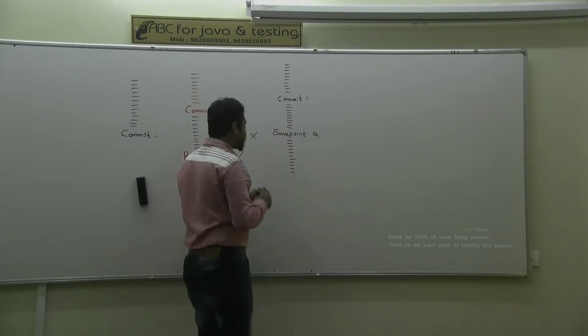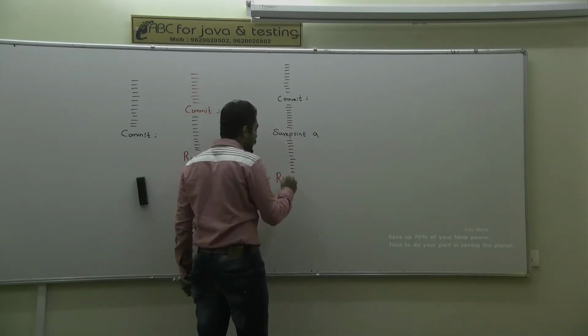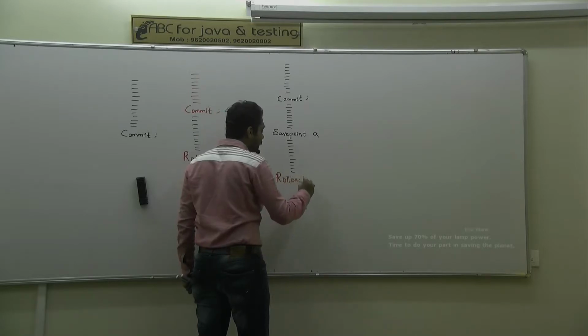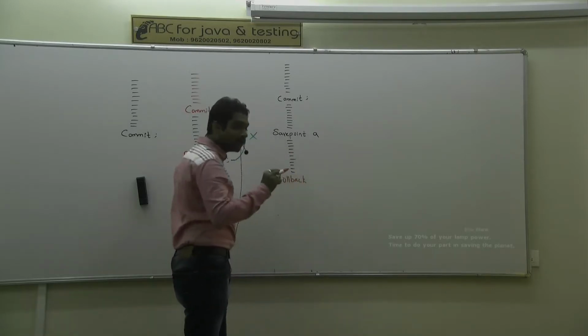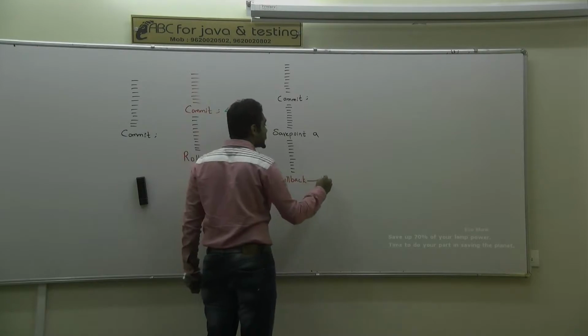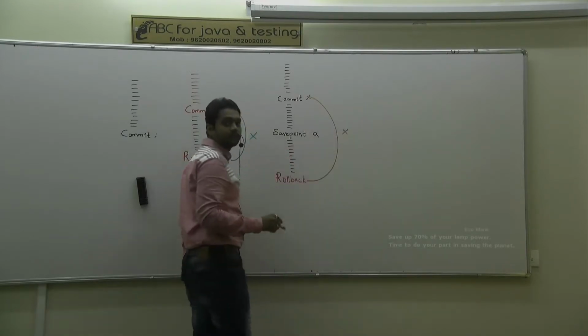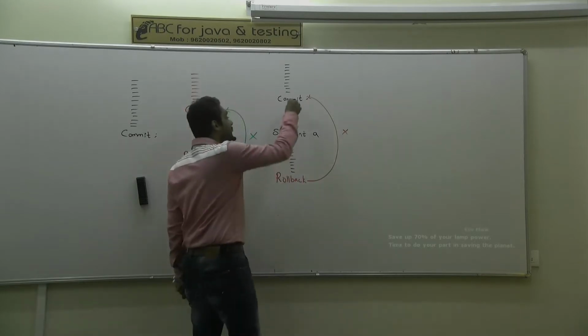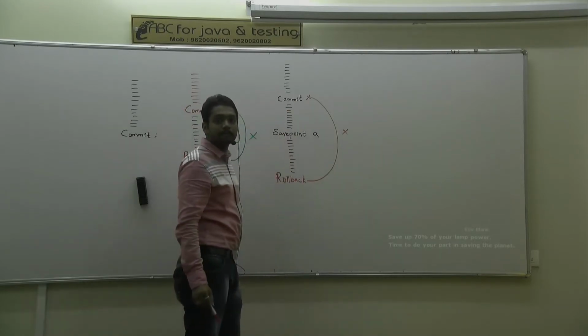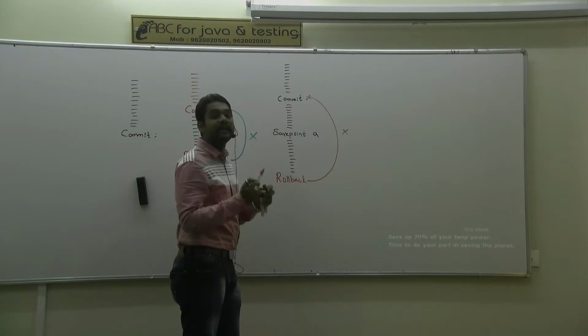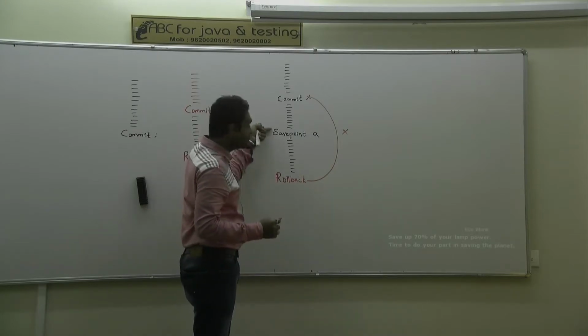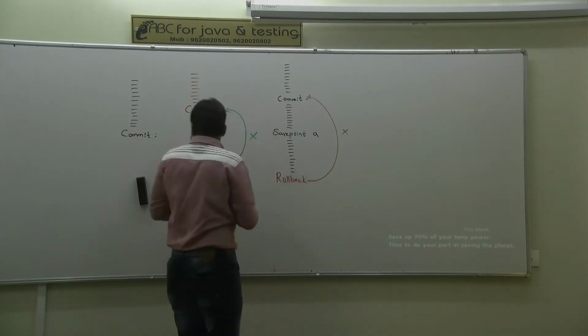Now, if you simply use rollback, rollback will undo the changes until the last commit. All these are also wrong. Until where is it correct? Until here it is correct. From here only it is wrong. So what should I be telling?